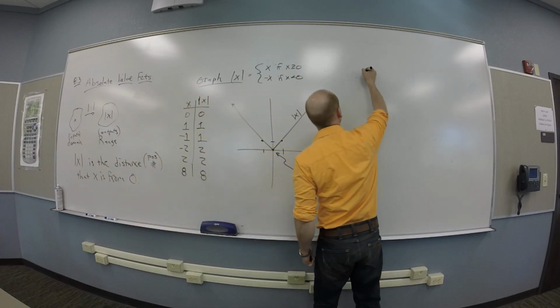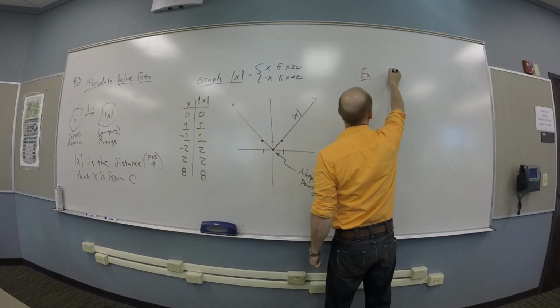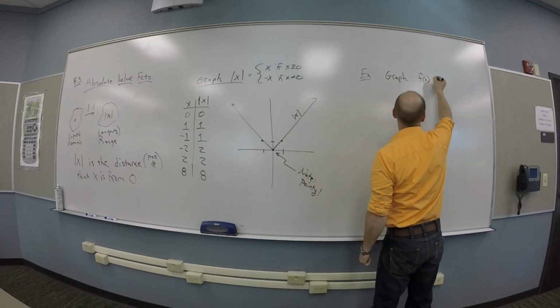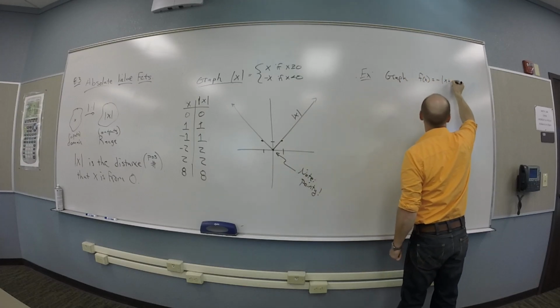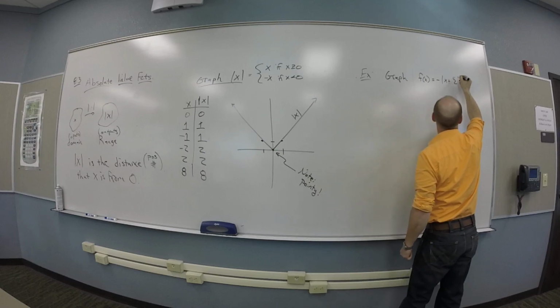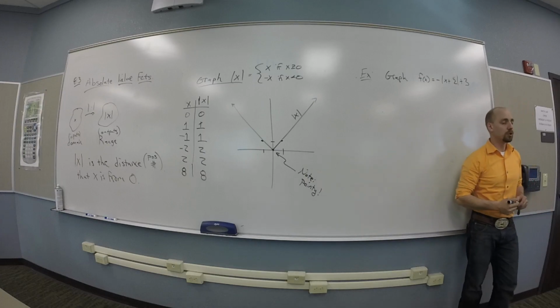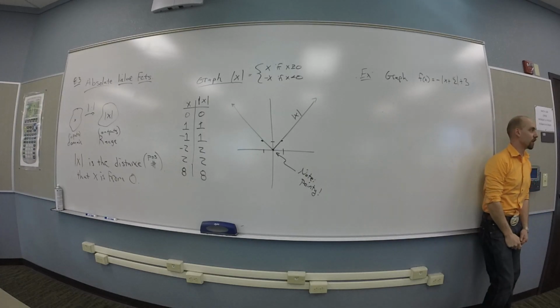What if we wanted to graph f of x is negative absolute value of x plus 2, plus 3? We should be able to do this using our chapter 12 stuff.